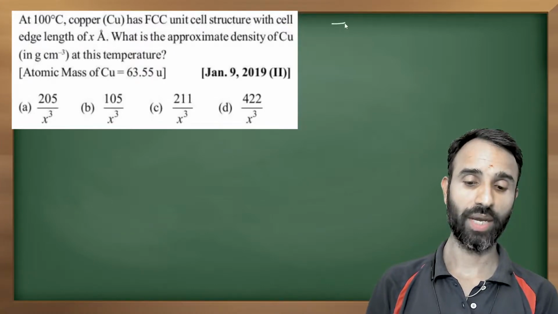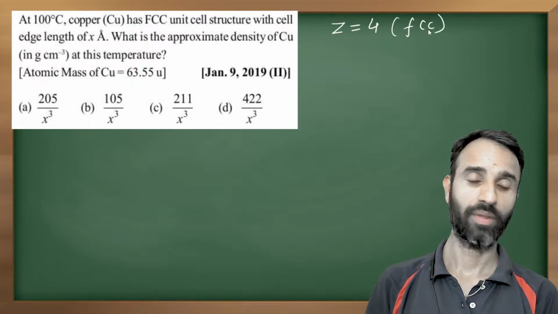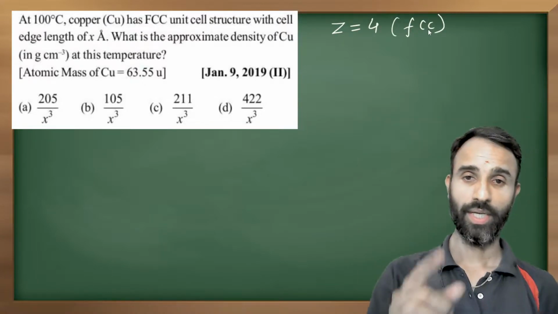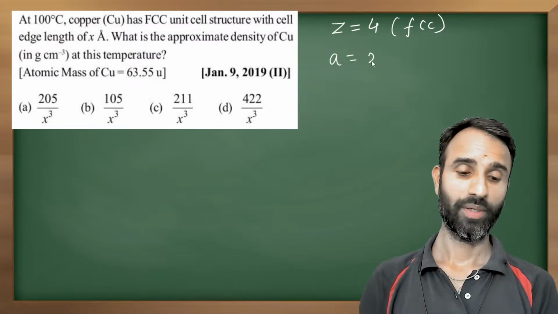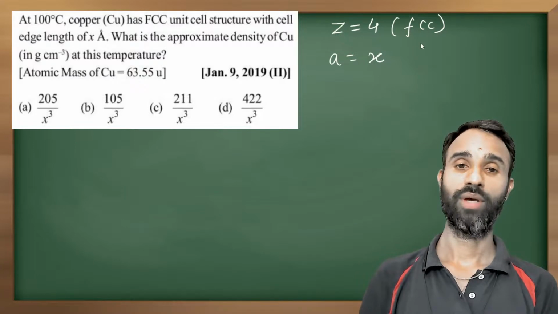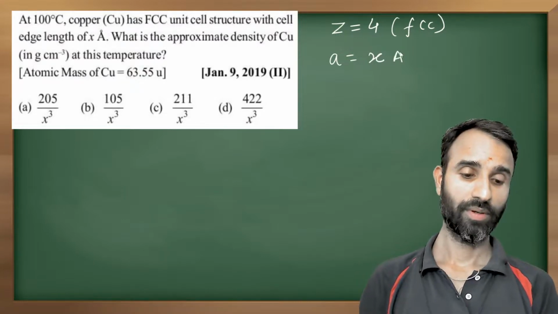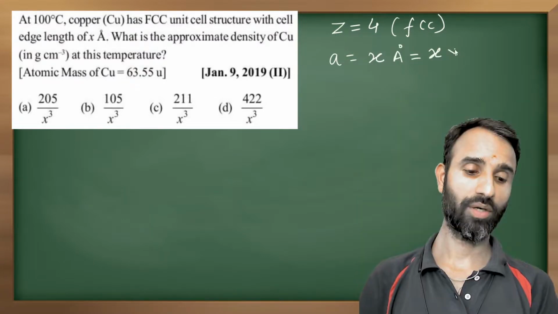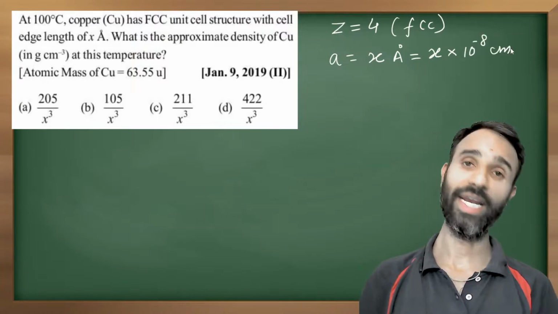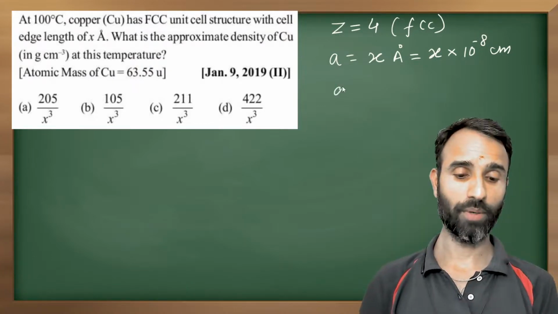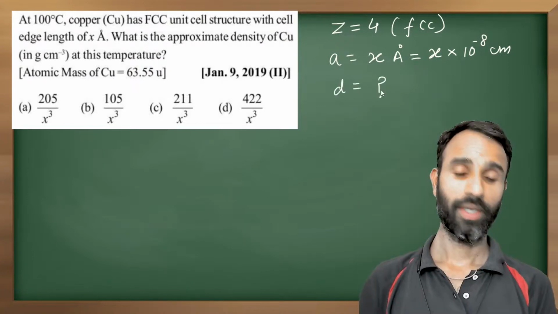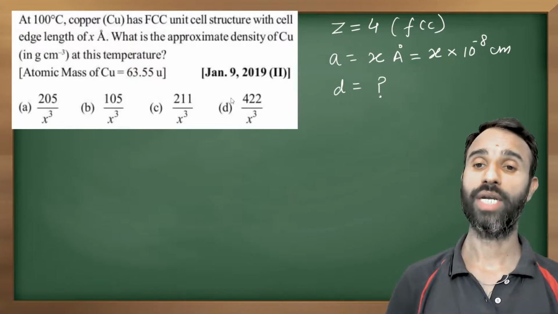First it is FCC, so Z is for FCC, and edge length is x angstrom. So better to convert it into centimeter, so it is x into 10 raised to minus 8 centimeter. What is the approximate density of copper in gram per centimeter cube?